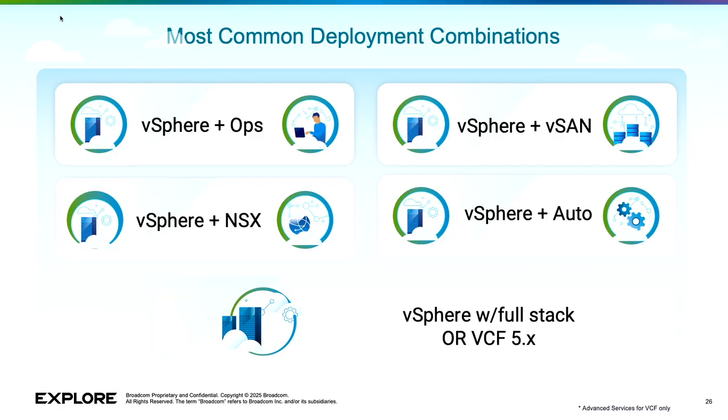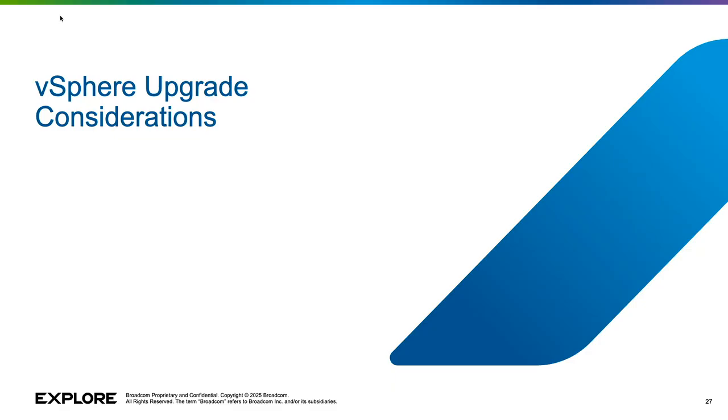You have ops, NSX, automation, vSAN, and we also see that in a lot of situations customers have VCF, like a lot of you currently do, but have also deployed a lot of these components a la carte that's equivalent to a full stack. So depending on the combinations you have, and you're moving to 9, we wanted to create unique guidance to make it easy and seamless to move to 9. Because depending on what you have in your source environment, you can pick and choose what you want in terms of moving to the new world.